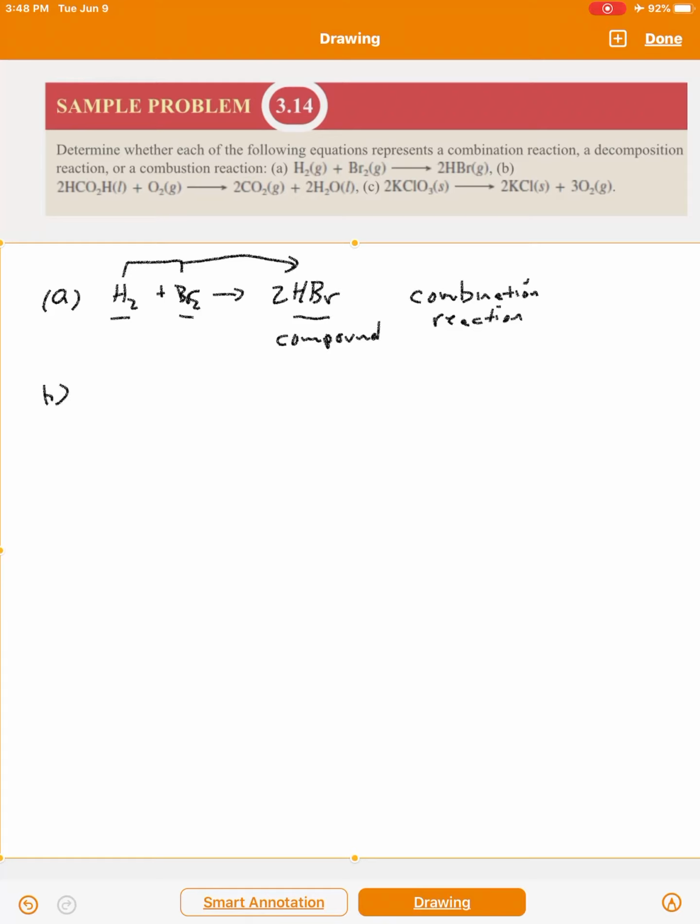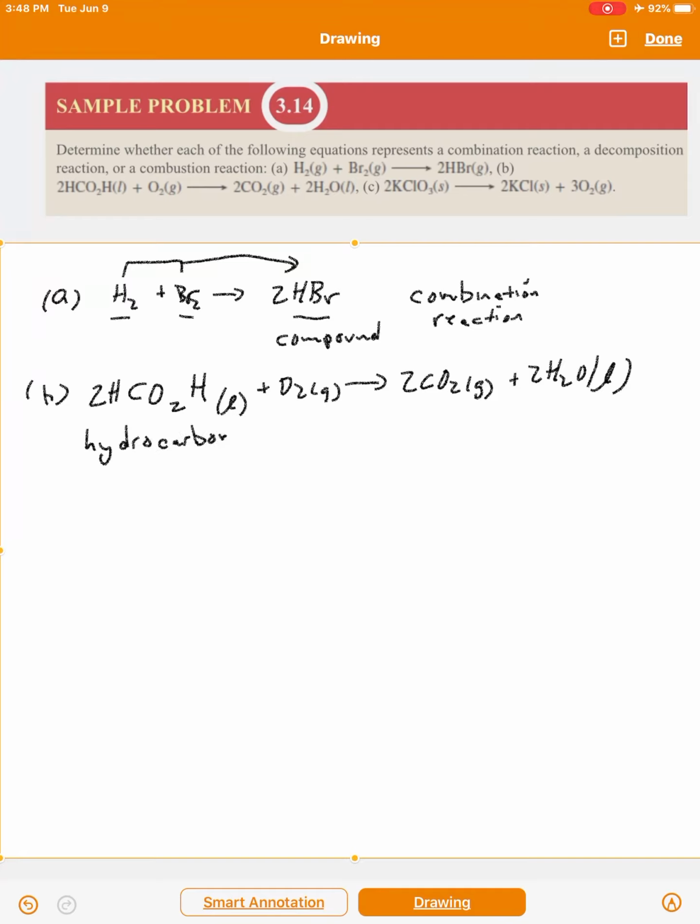In part B, we have two HCO2H in liquid state plus oxygen to form carbon dioxide and water. Okay, so this is an example of what's called a hydrocarbon.